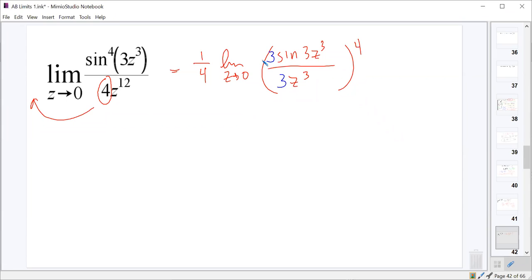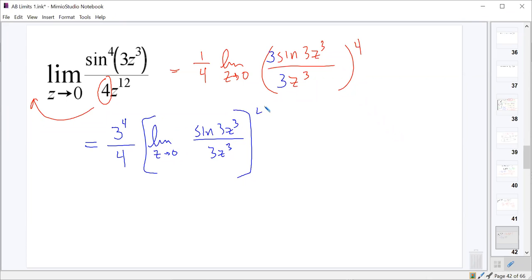And then that constant that's in the numerator, that 3, can be pulled out, but as it gets pulled out, it becomes 3 to the 4th power over 4. And then we've got the limit as z approaches 0 of sine of 3z cubed over 3z cubed, and that entire limit can now be raised to the power of 4.